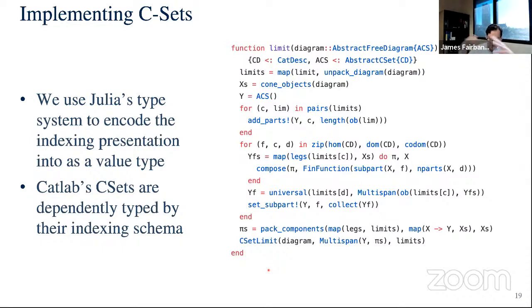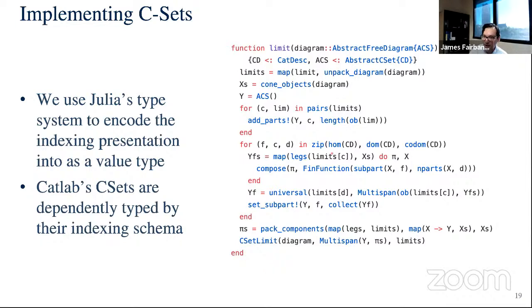Then you iterate over all the components, and then you bundle everything back together. That lets us implement algorithms at a level of genericness that I think most software does not have.